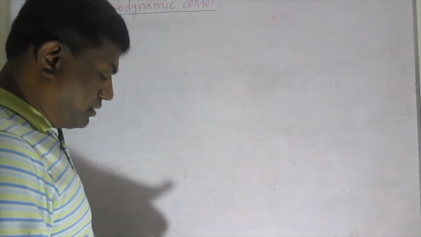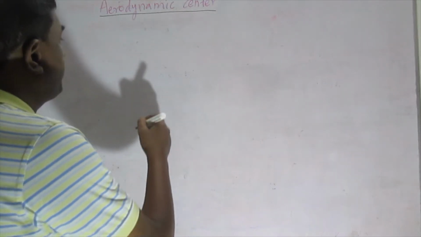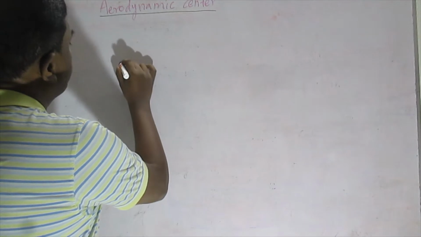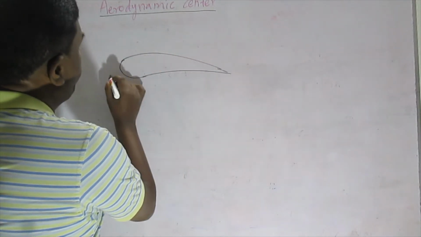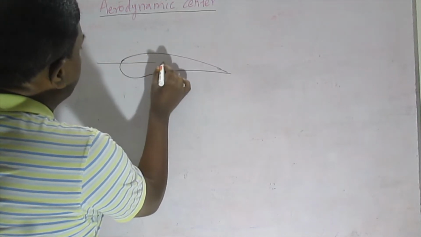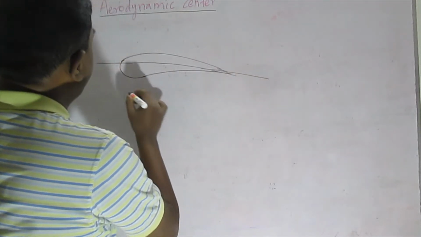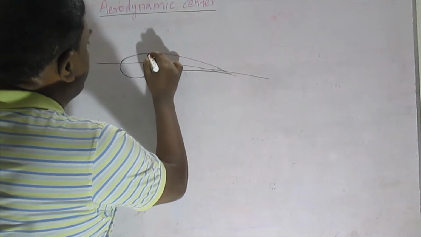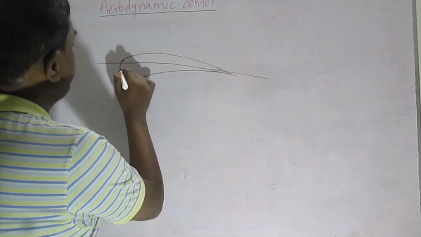For that, let us consider the aerofoil. In this aerofoil we have a chord line, this is the chord line, and we have a point with respect to the leading edge.